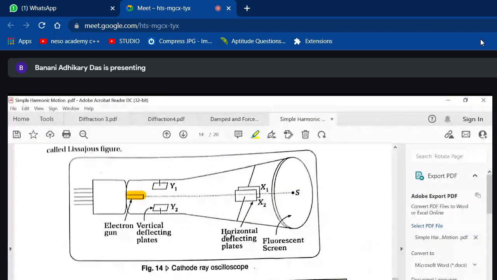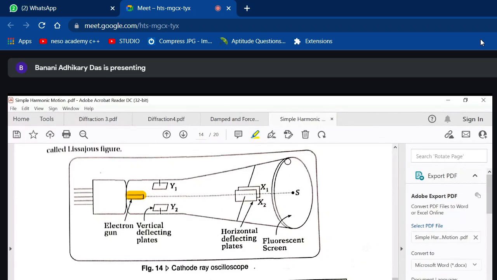Now, we had quite lengthy discussions on what happens if we put two SHMs orthogonal, perpendicular to each other. You give one signal along the Y1, Y2 axis and another signal along the X1, X2 axis, both SHMs. What will you get?